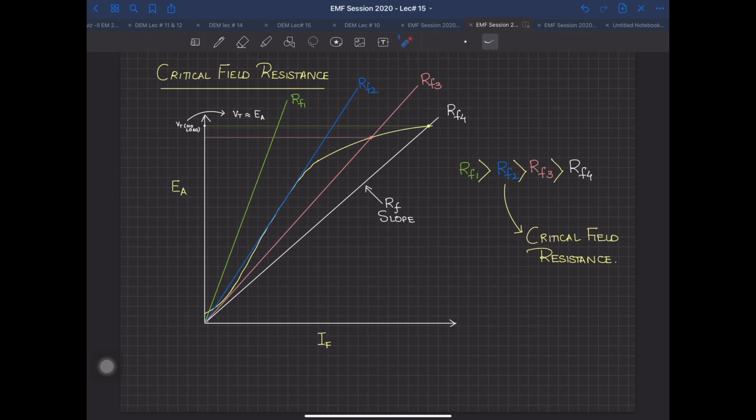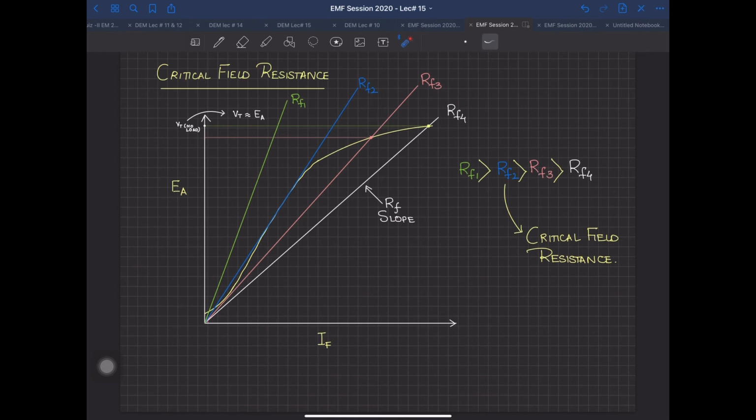So RF2, where it actually coincides with the magnetization curve, the yellow color curve over there, is practically an unstable generator position, so that's why it's called the critical field resistance. So whenever you want to run a shunt generator, you have to keep your field resistance smaller than the critical field resistance.